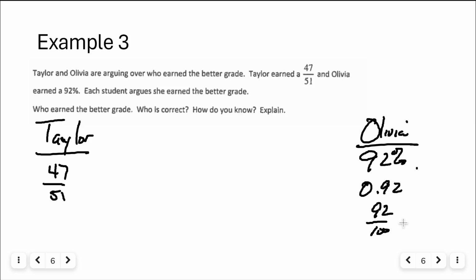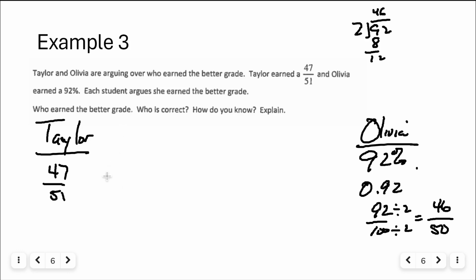So I could take the 92 out of 100 and put it in lowest terms, divide them both by 2. That's a 50. 2 goes into 92 46 times. 46 out of 50 compared to 47 over 51, I'm not sure.